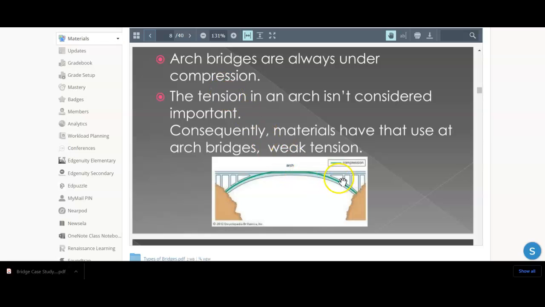The idea is to transfer the load evenly, not just to one side, but both sides evenly. And so the bridge is always under compression due to the weight of the materials of the bridge itself and whatever traffic, whether it be pedestrian or vehicles, trucks, cars, motorcycles, bicycles, all the above. Could be a train.